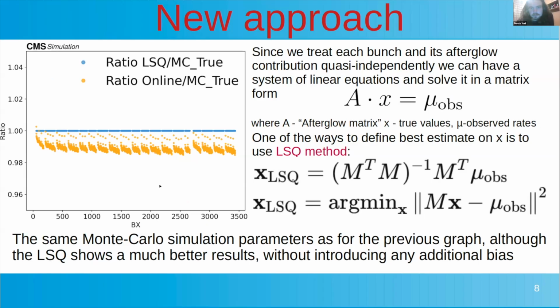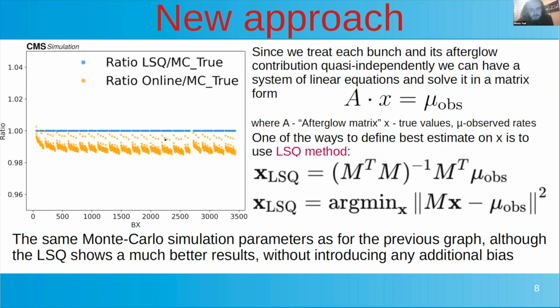So, the new algorithm. Since we treat each bunch and its afterglow contribution quasi-independently, we can have a system of linear equations and we can solve it in matrix form. One of the ways to define the best estimate of our X is to use the least squares method.